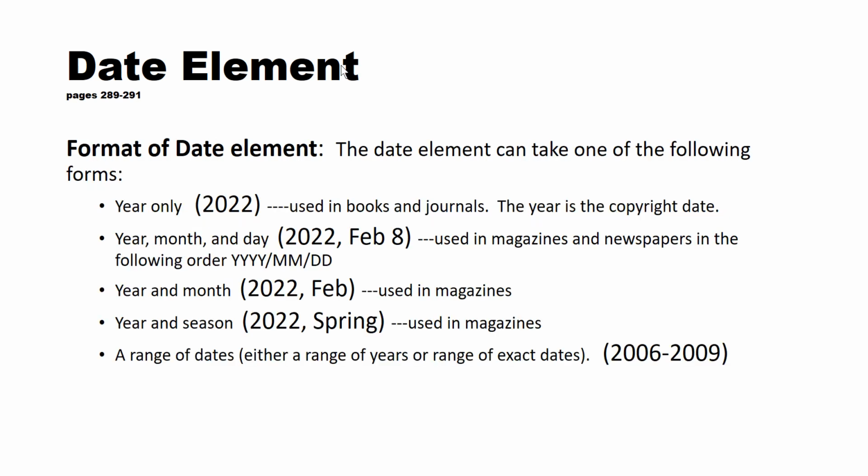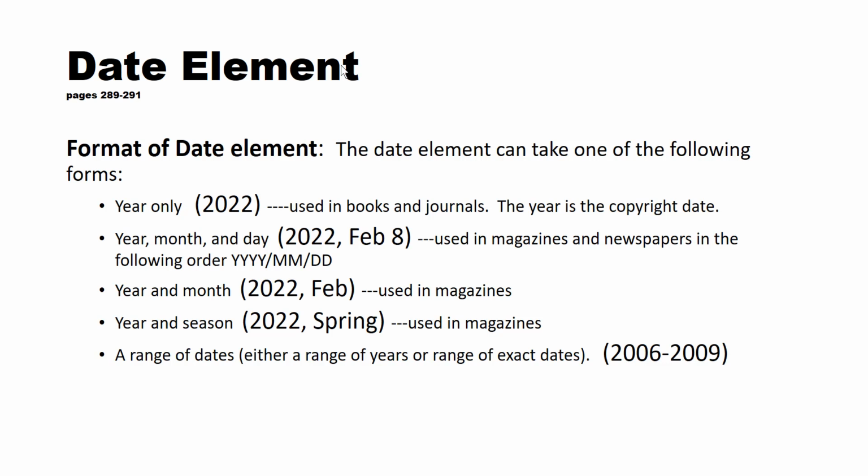The date element can take several different forms. It could be the year only. This is used in books and journals, and the year is always the copyright date. You could also have a year, a month, and a day, used in magazines and newspapers, in the order indicated there: the year first, then the month, and then the day.